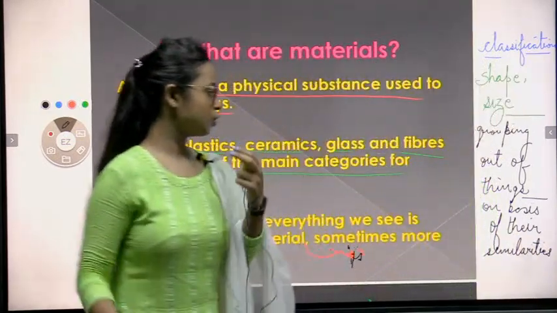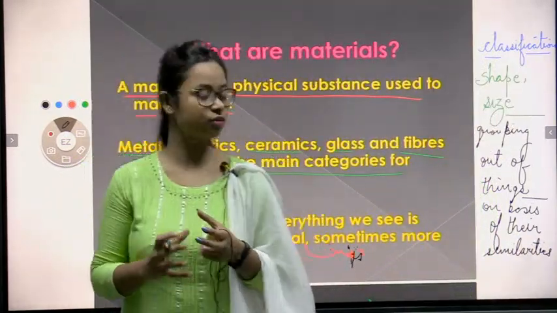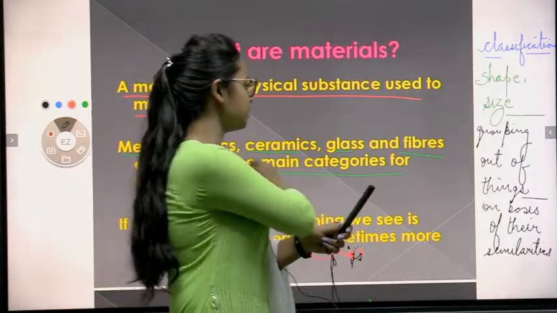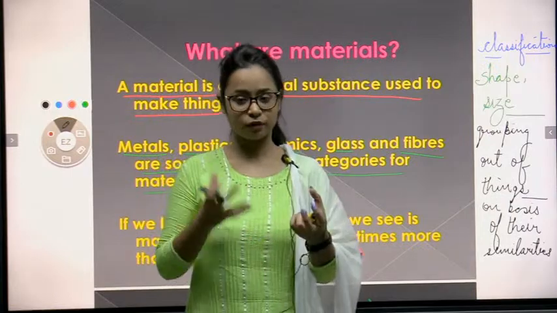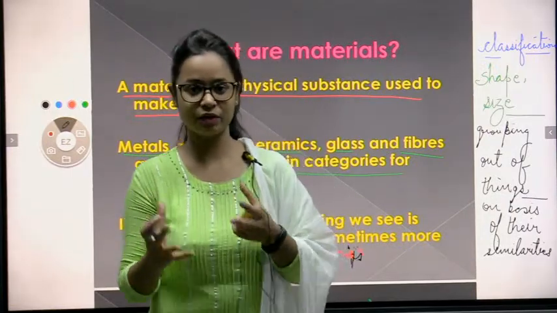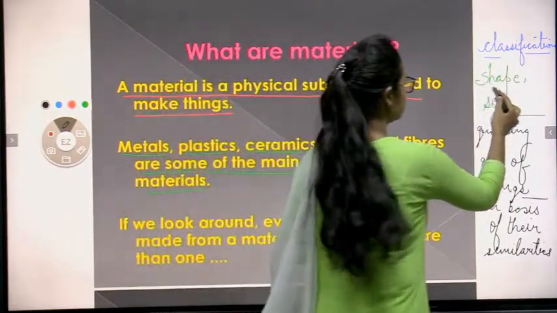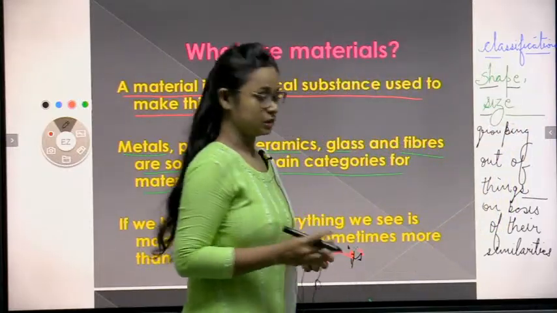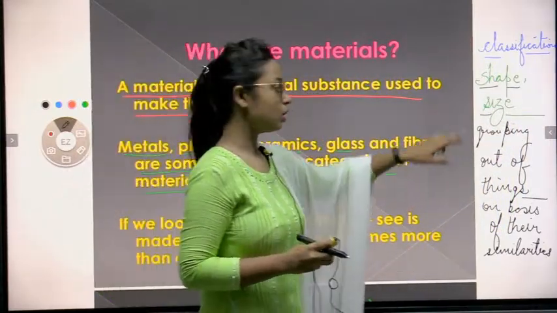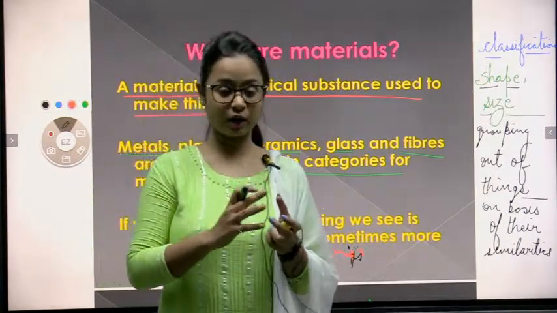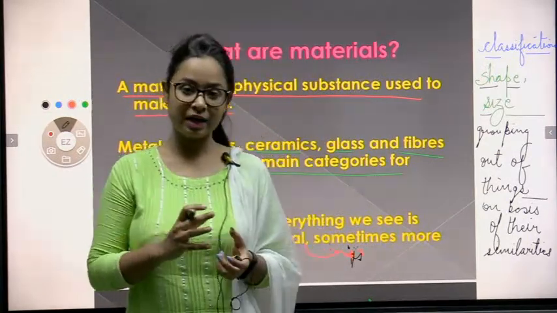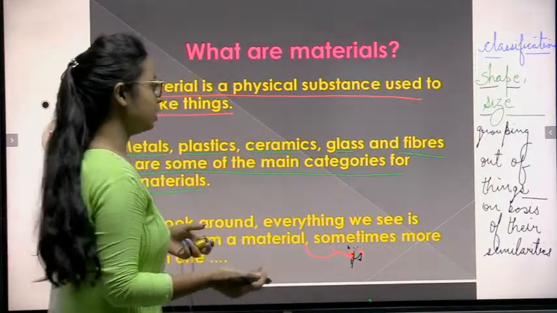Clear? So grouping out of things according to their similarities. For example, the example I gave you right now about toffees and chocolates: you can easily differentiate between them according to their shape, according to their size. That process is called classification. Clear? So grouping out of things according to their similarities and dissimilarities is called classification.